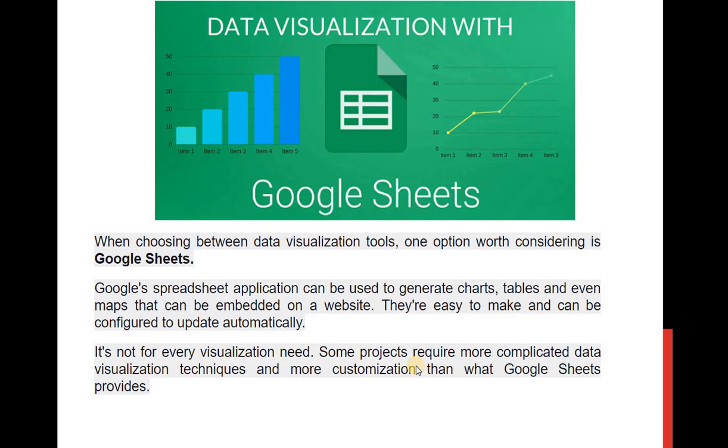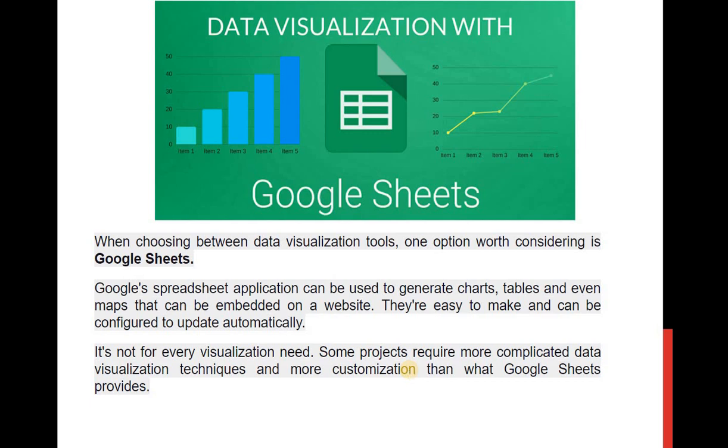When choosing between data visualization tools, one option worth considering is Google Sheets. In the past, we have already learned the things that we can do with Excel. There's a plethora of tools that we can actually use in Excel.